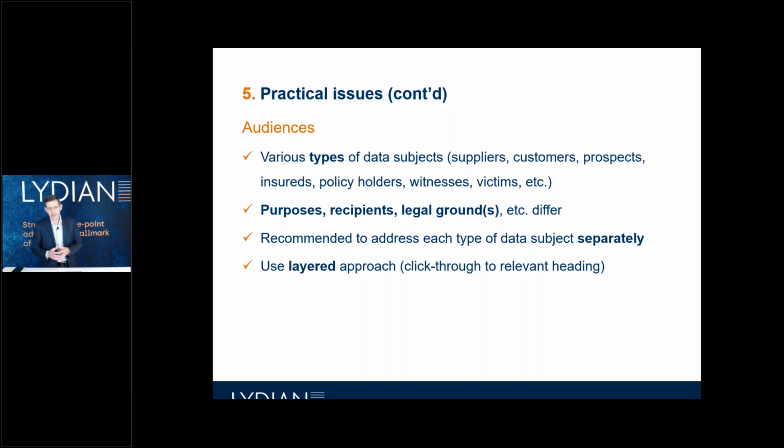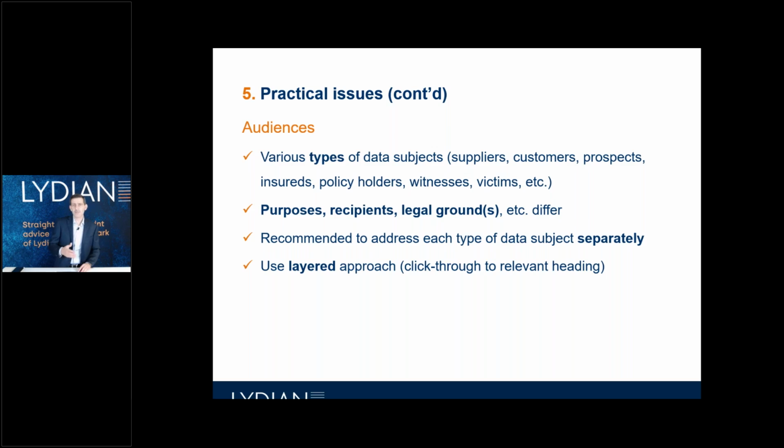And there, indeed, what we see is that in many cases, the information that you should give to the data subject will differ from one case to another, whether this data subject is a consumer, whether it is a prospect, whether it is an insured or a policyholder, and so on.